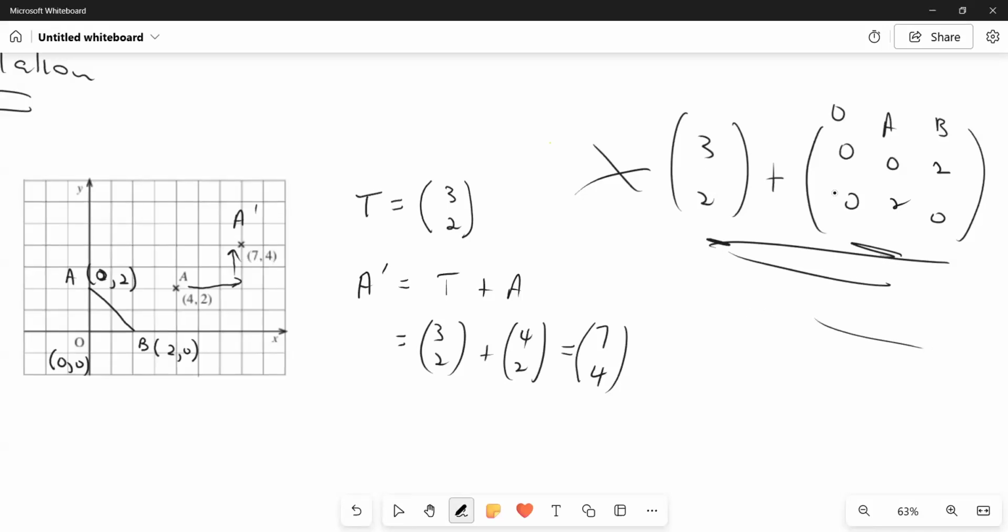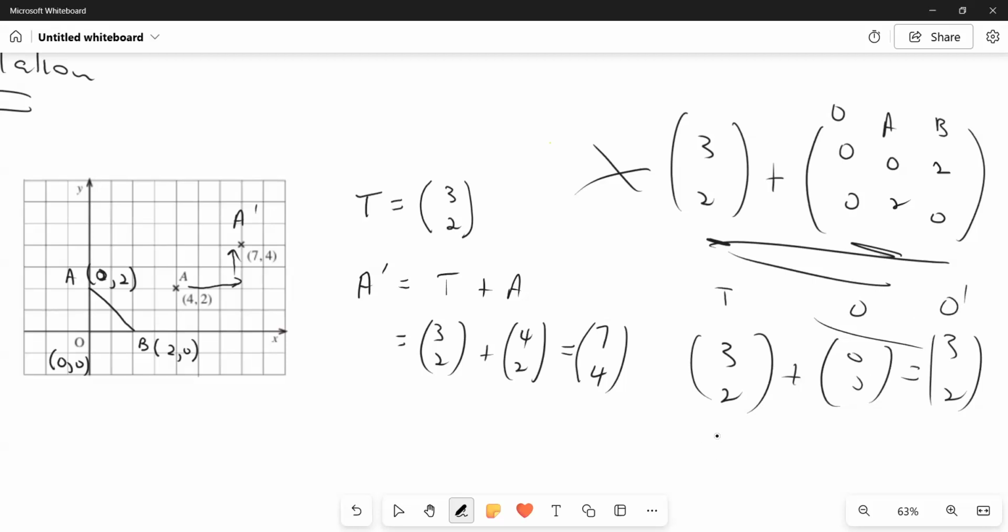So what you've got to do is take each one of the vertices of the triangle. So you take 3, 2 plus 0, 0, and you add them up, right? You understand? So T plus O gives you O prime. Again, 3, 2 plus A, which is 0, 2, would add up to give you 3, 4, right?